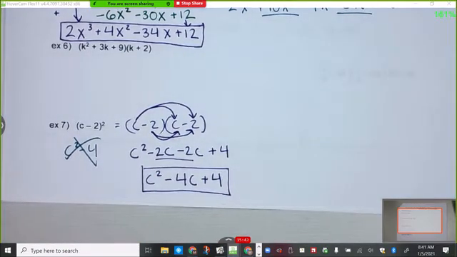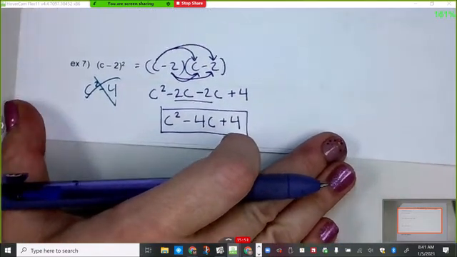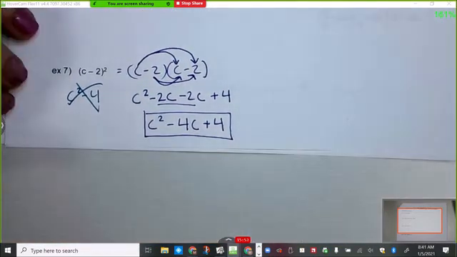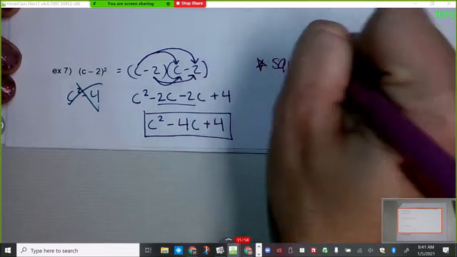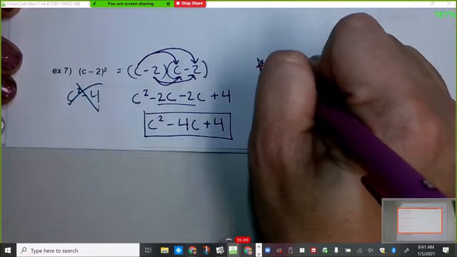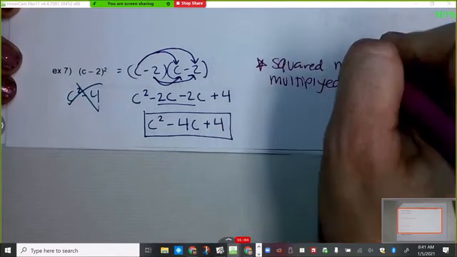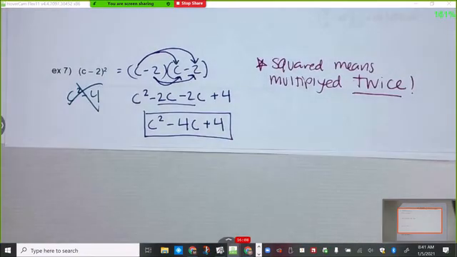Don't let the squared throw you off. Just remember it means you have to write it twice. Okay? Squared means multiplied twice.